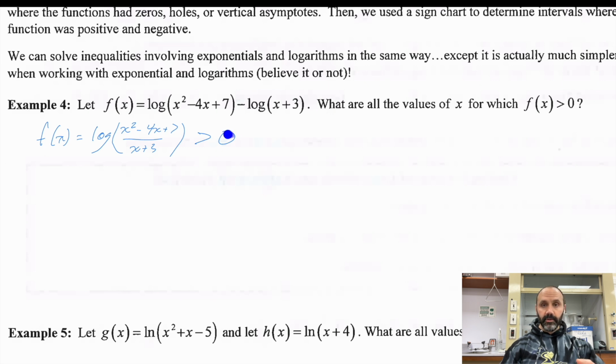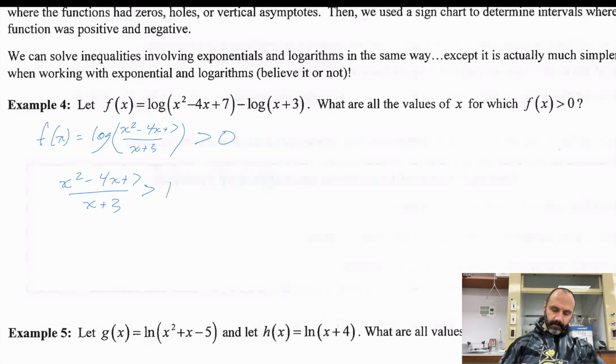So for any value of 0, or any value bigger than 0, then this thing here has to be more than 1. So I'm going to rewrite this as x squared minus 4x plus 7 over x plus 3, and this is going to be bigger than 1. I'm looking for the places where that's bigger than 1.